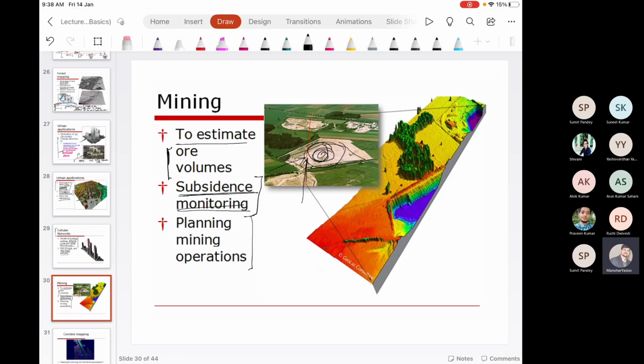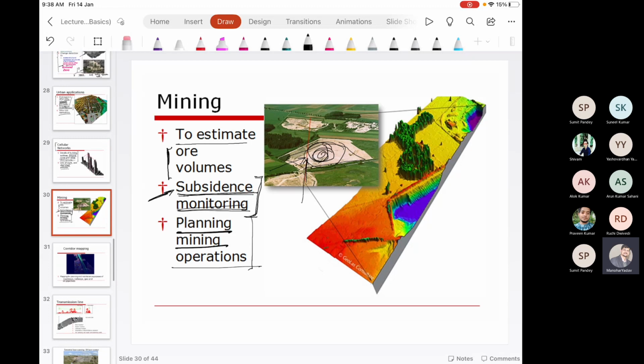The time series data we collect to analyze the change in surfaces provides the information that helps us monitor subsidence, and it is very common at mining sites. Then further, planning of mining operations can be done.